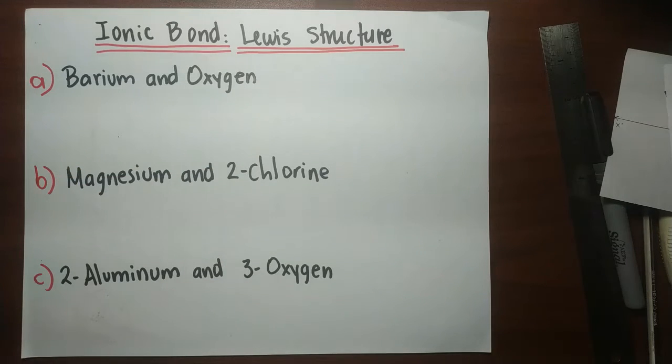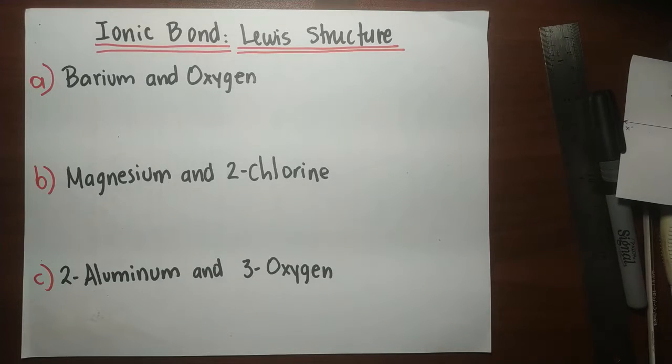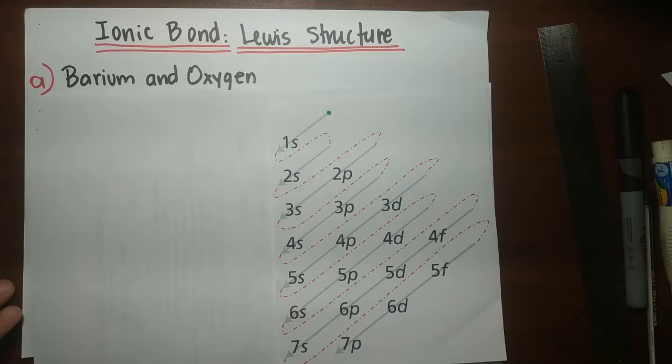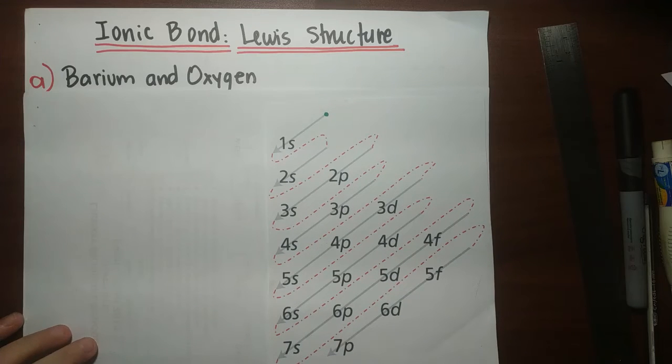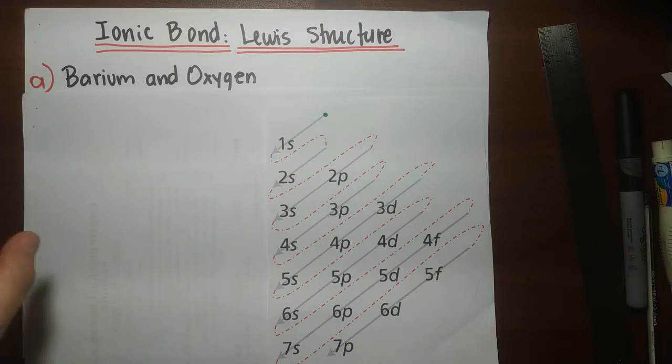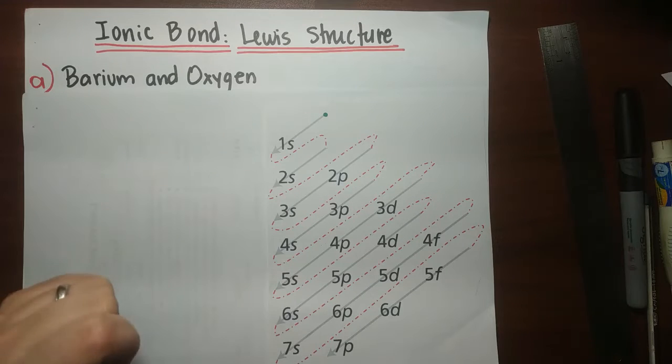Now, one of the first steps that we follow to build the Lewis structure is to build the electron configuration notation. In this case, I will build both, one for barium and one for oxygen.